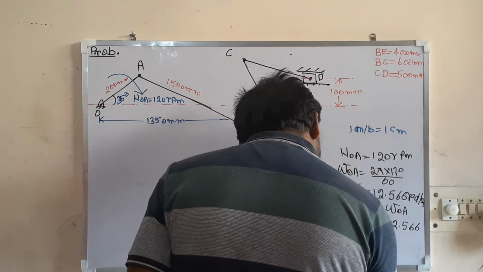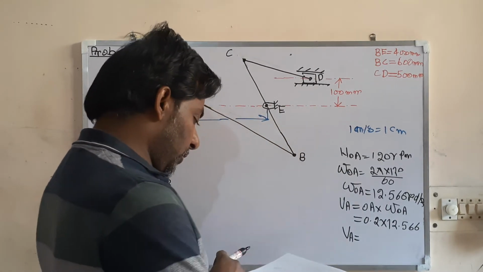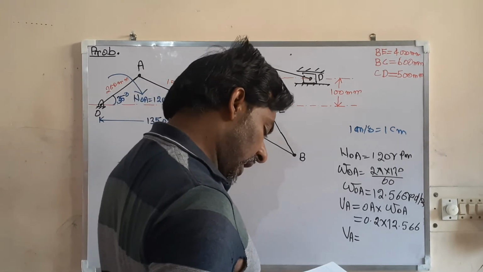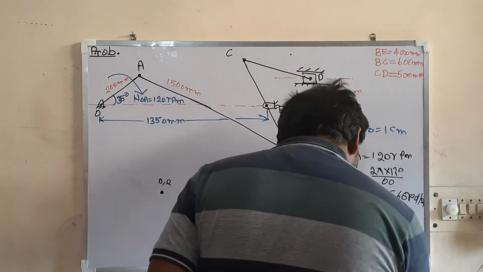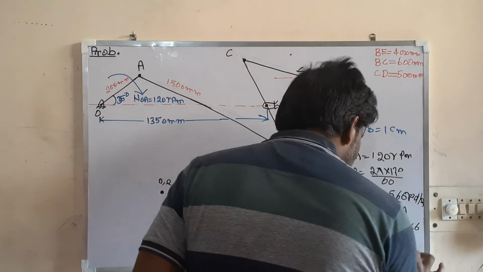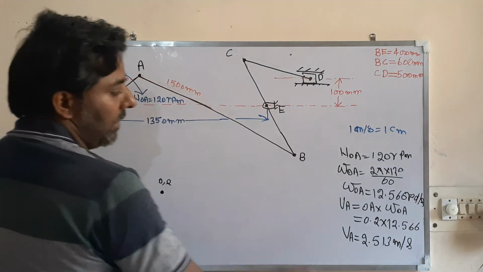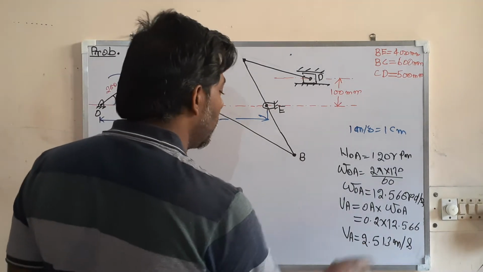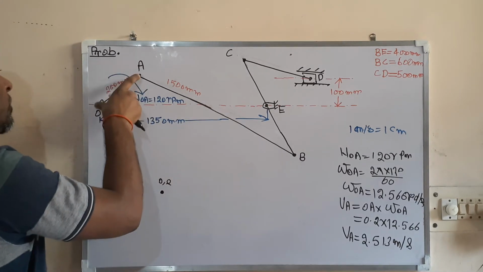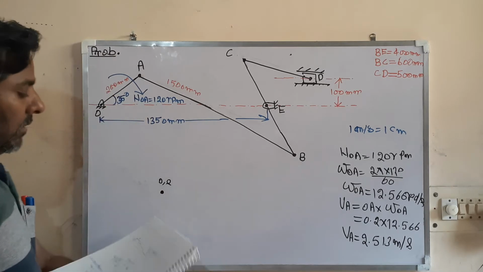So I am getting velocity of point A equal to 2.513 meter per second. This is rotating in clockwise direction, so of course that will be perpendicular to OA and in this direction.